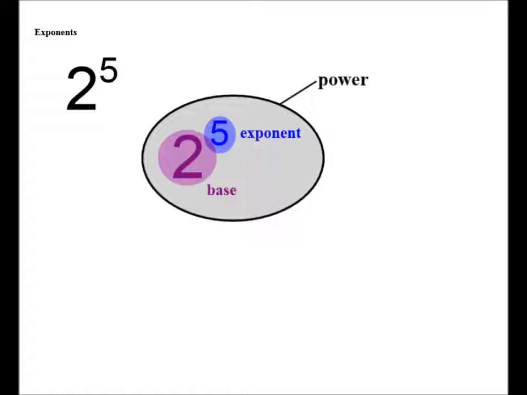When we do laws of the exponents, it's important that you know which is the base, which is the exponent, and what it means. It means that 2 is multiplied by itself 5 times, and the value is 32. 2 multiplied by 2 is 4, 2's are 8, 2's are 16, 2's are 32.